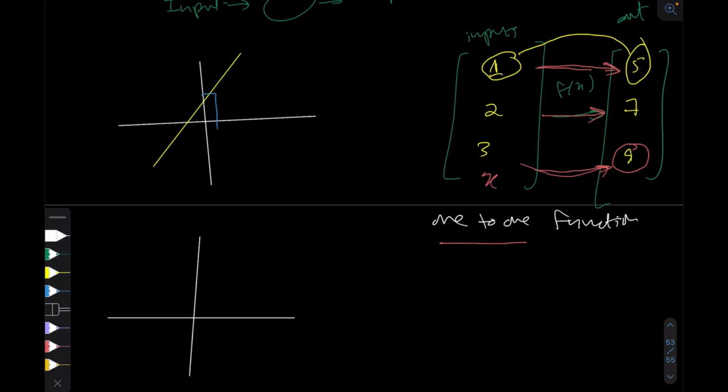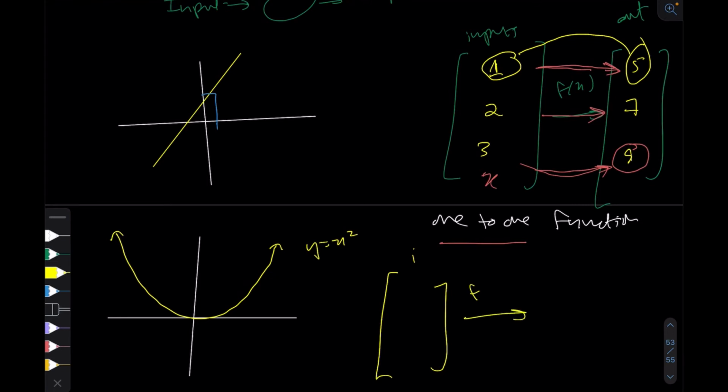Let me take a classic quadratic. We'll cover quadratics in detail later, but for the time being, this is y equals x squared. Now let's take our inputs. They will go through the function x squared. Let me take out some outputs.